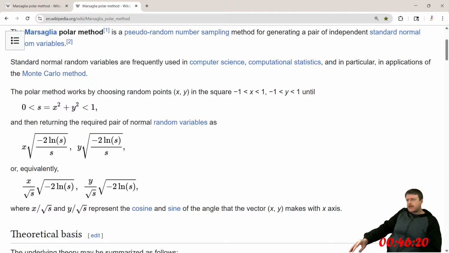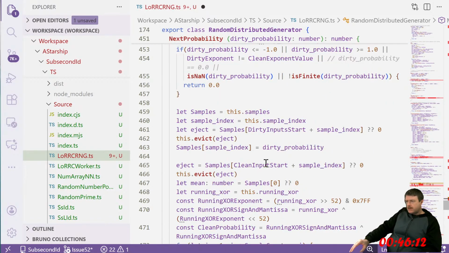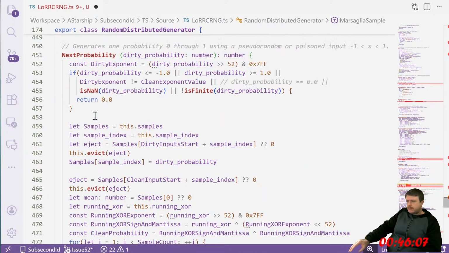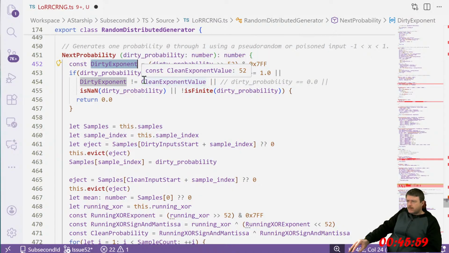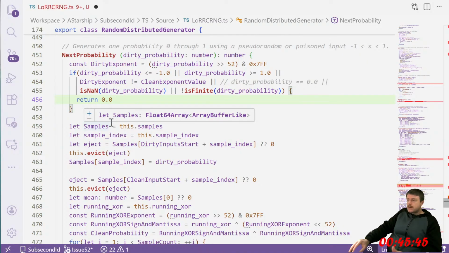How exactly do I go about doing this again? Let's look at the algorithm that I have. So I start off with the dirty exponent, dirty and then the clean. So all the exponents have to be 51, because then we get the 53 bits, from -1 to 1. So it's like the maximization of the dynamic range.